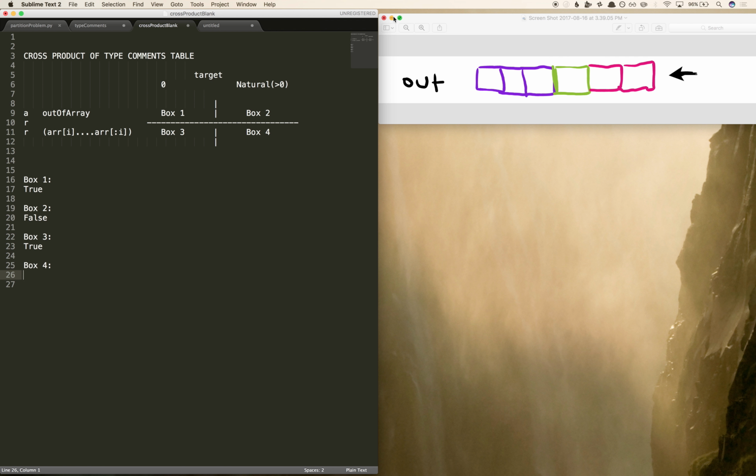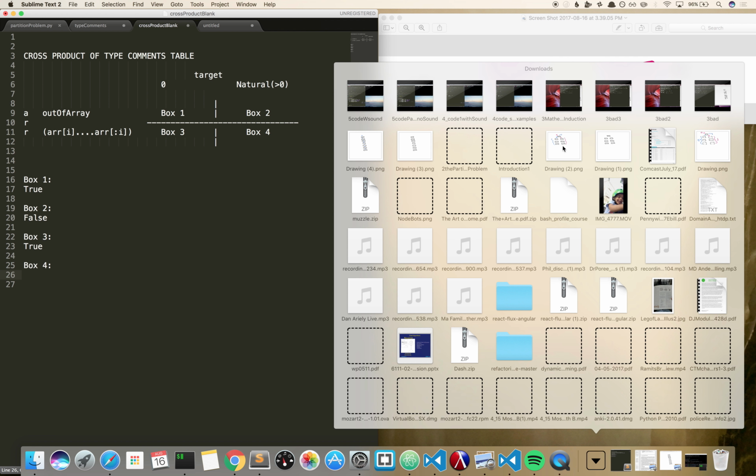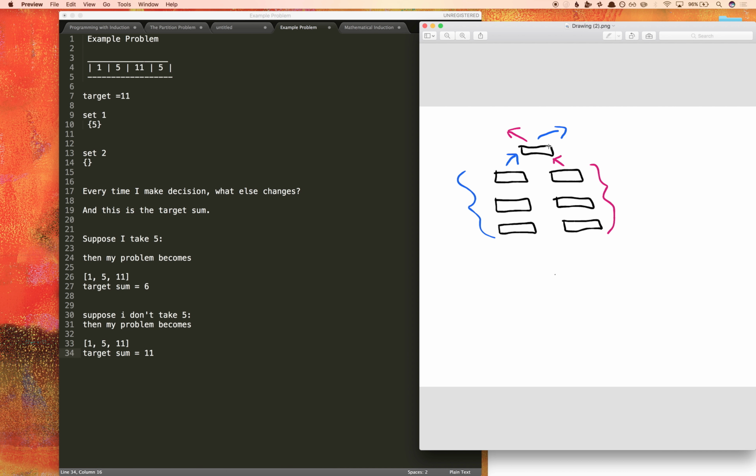Let me see if I have this picture on me. It's right here. In this picture, we're trying to decide whether... Remember, the decision I was saying at each box was determining if we should take the integer into our new subset, or not take it.